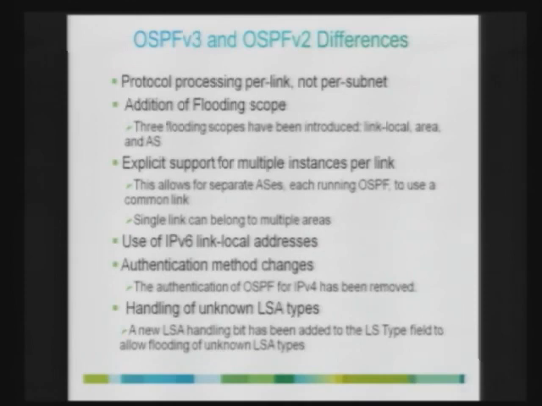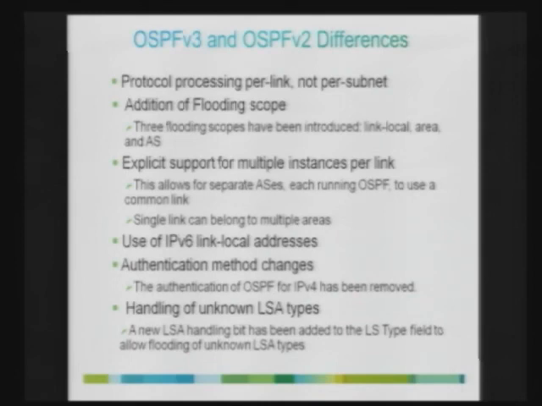However, in the case of OSPF v3, the processing is done on a per link basis. And we do know that in the IPv6 world, the nodes could have multiple IPv6 addresses assigned to an interface. And if there are two directly connected interfaces corresponding to two different nodes sharing the same link, even if those two IPv6 addresses are not part of the same subnet, they can communicate with each other.